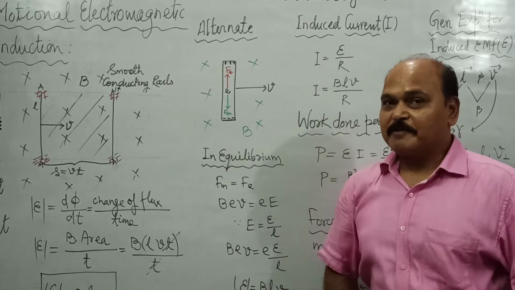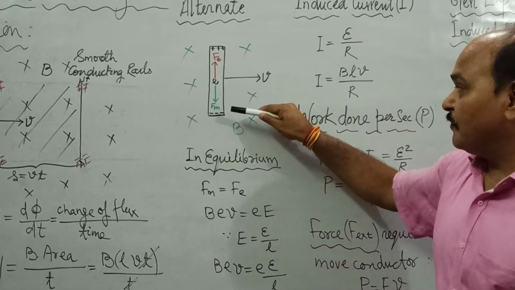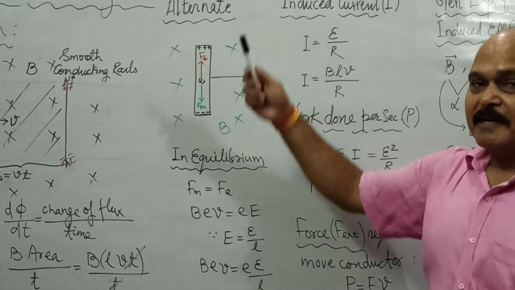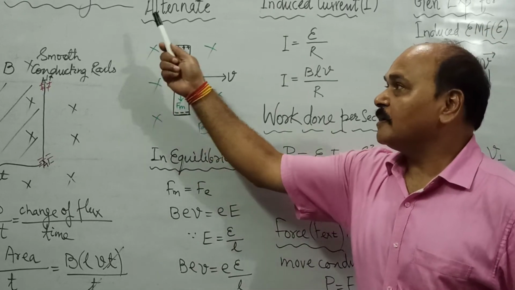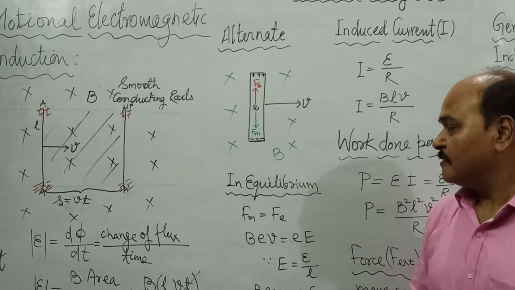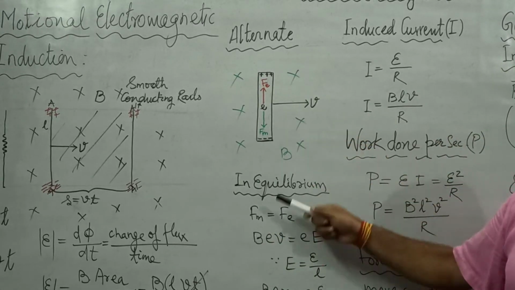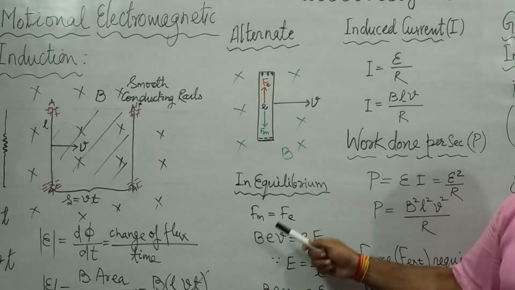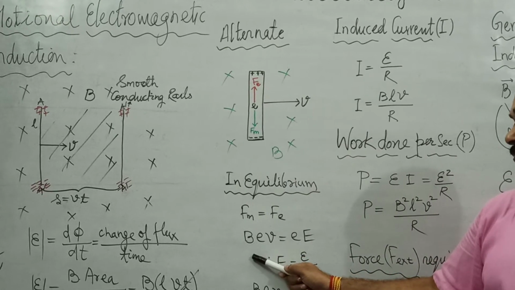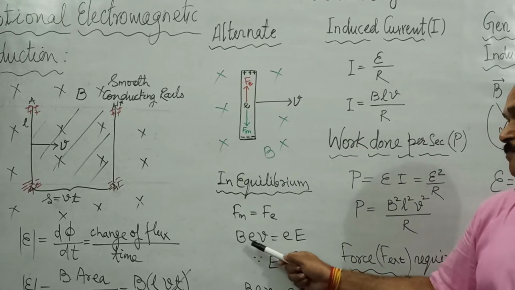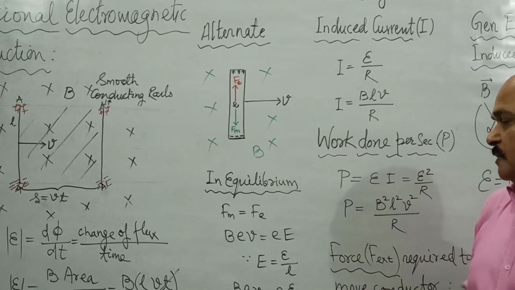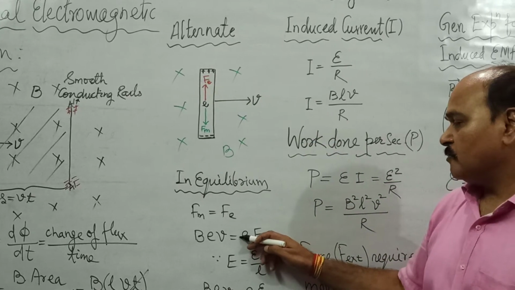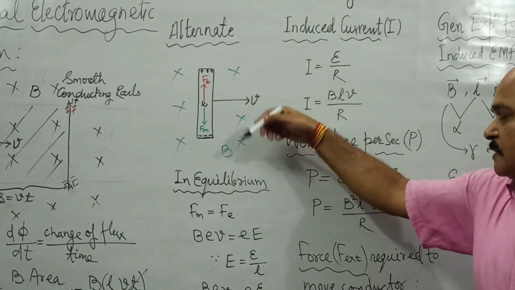Well, finally, a stage is reached when electric force and magnetic force balance each other. When they balance each other, there is a fixed potential difference across the ends of the conductor. That potential difference is what is called motional electromagnetic induction. So in equilibrium, magnetic force and electric force are equal to each other. Magnetic force is what? The value of charge is e, so BQV, that is BeV, and electric force is what? Charge into the value of electric field, that is e into E. What is the electric field E which is set up in this conductor?